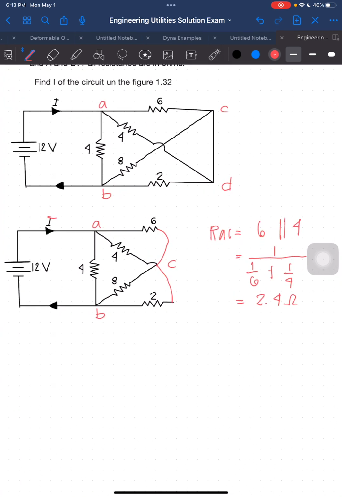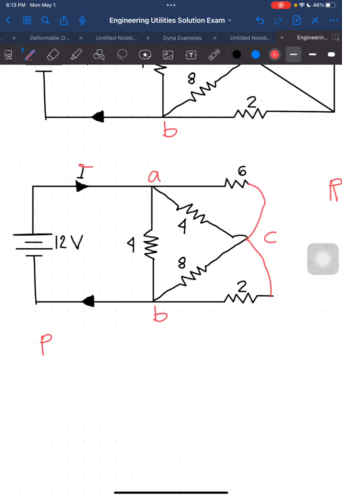Next na kwentahin natin ay yung resistance sa BC. So, ang BC ay 8 ohm, nakaparallel siya sa 2. So, R BC is equal to 8 parallel to 2. So, it's equal to 1 over 1 divided by 8 plus 1 half.